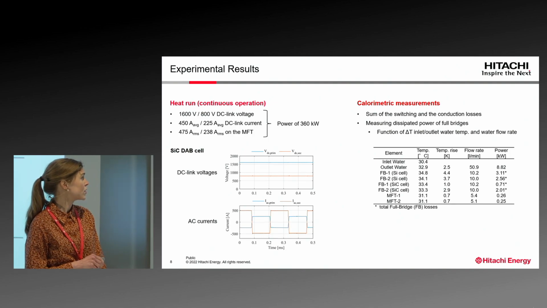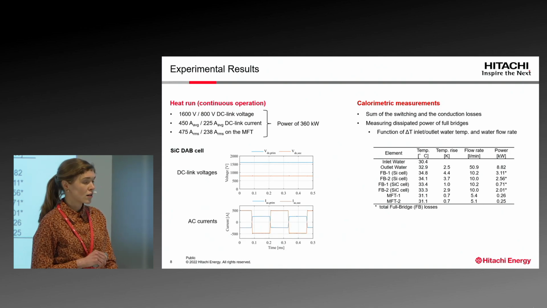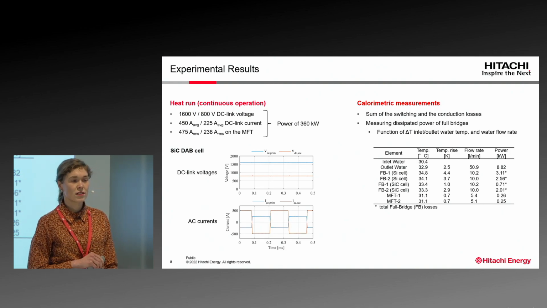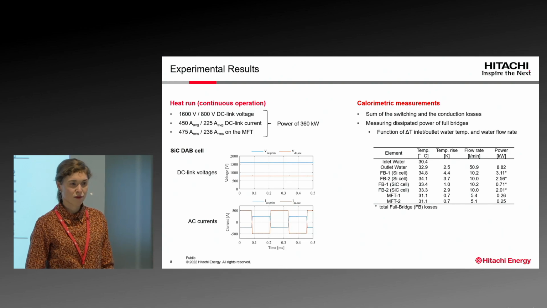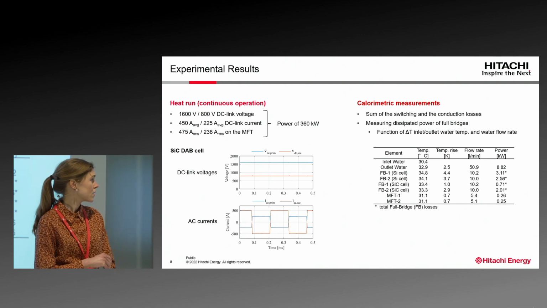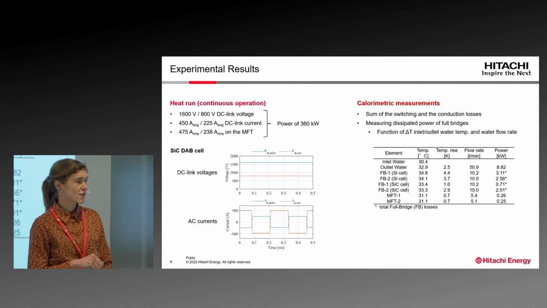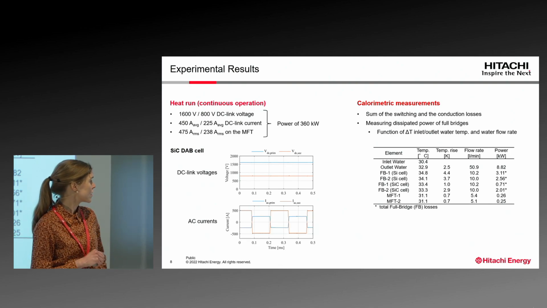So we used here in this comparison this described set point, 360 kilovolt. Also, I would like to mention that we switched the silicon carbide cell with 4 kilohertz and the silicon IGBT cell with 2.5 kilohertz. And here is a snapshot of the experimental results for the silicon carbide cell.